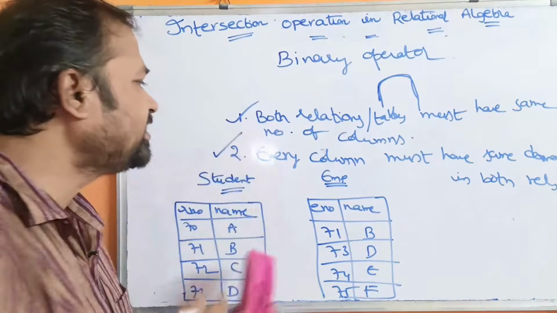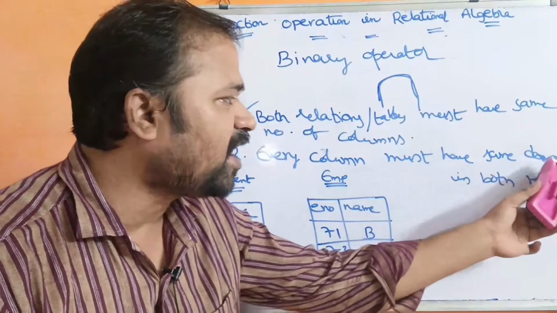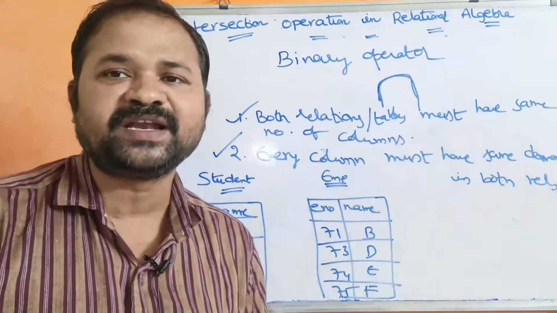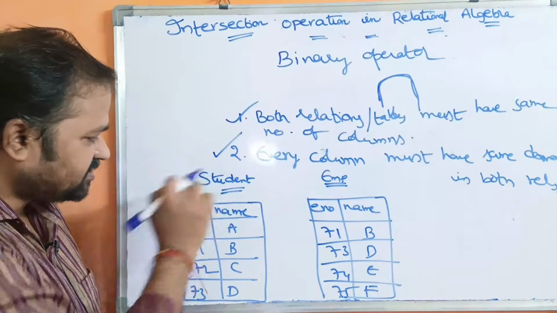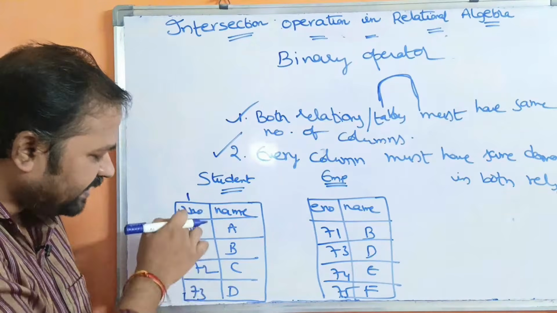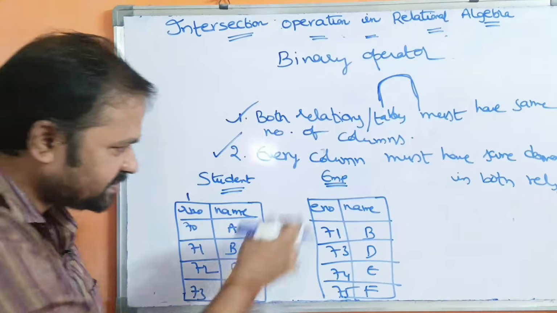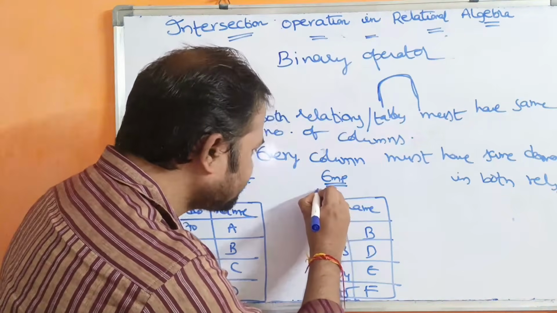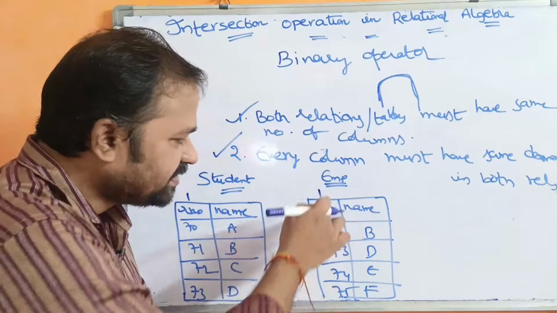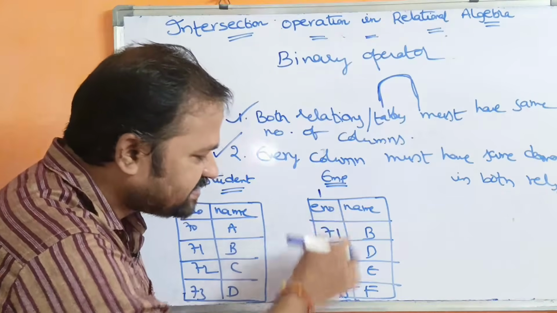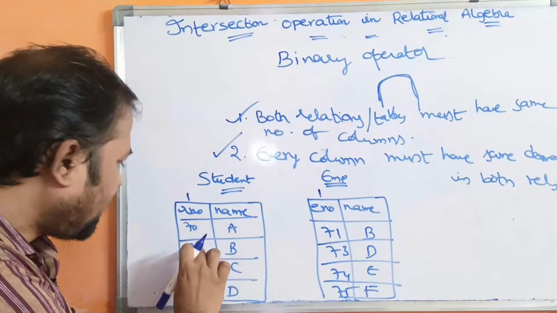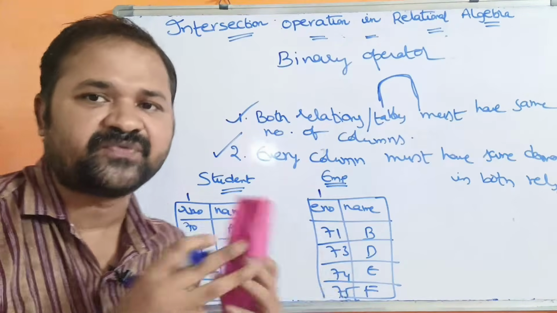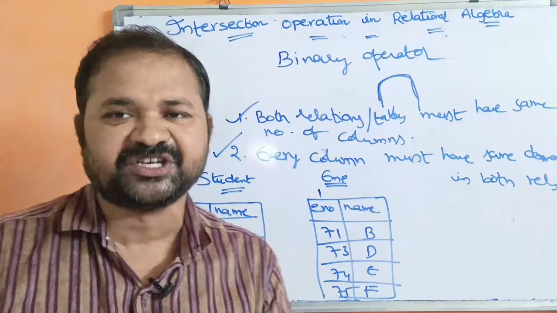And the second condition is every column must have the same domain in both relations. If we consider the first column in the first relation, it is roll number, accepting integer values. Likewise, the first column in the second relation is employee number, also accepting integer values. So the first column of both relations has the same domain, integer.